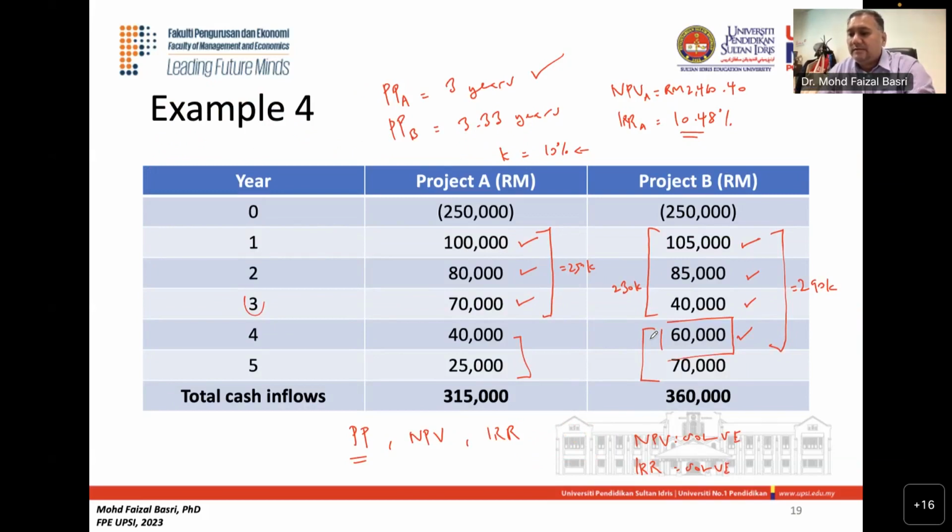For the cost 250, and 105, 85, 40,000, 60,000, 70,000.